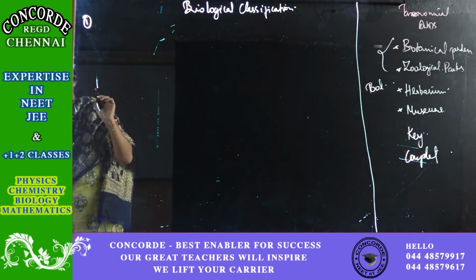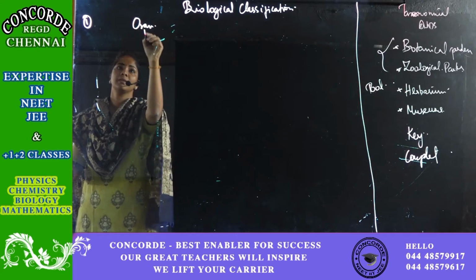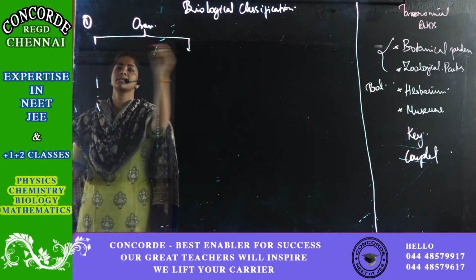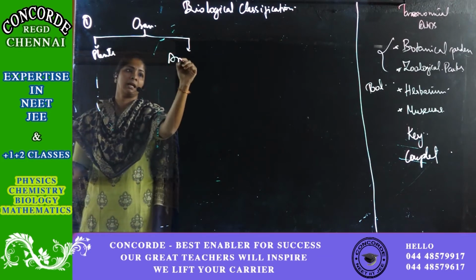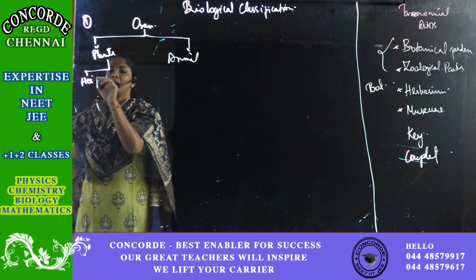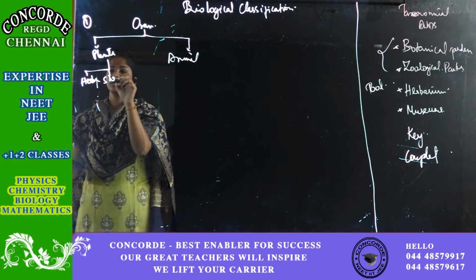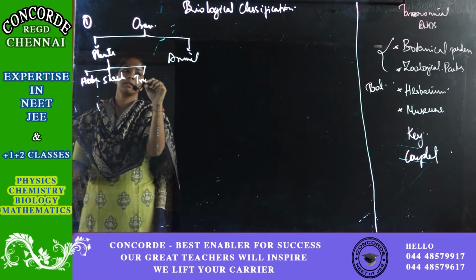First of all, the organisms were divided into two categories, plants initially and animals. Plants were herbs, shrubs and trees.